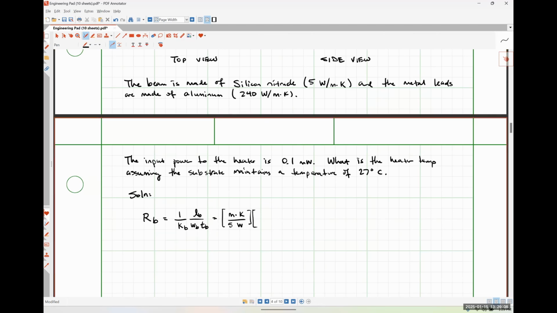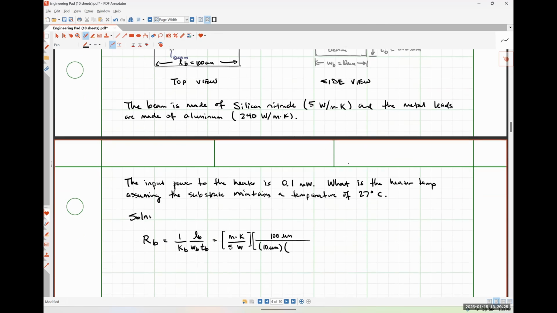We have our beam length of 100 micron, and then we have our width of 10 micron and our thickness of 0.2 micron.